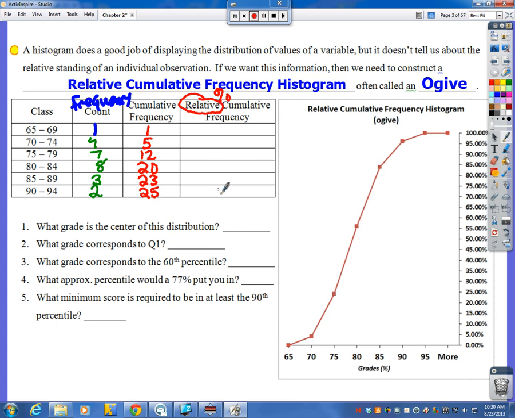Now, here's the nice thing always about the last entry here. Since at this point you've accumulated everybody, the last thing's always going to be 100%. That'd be 25 out of 25.